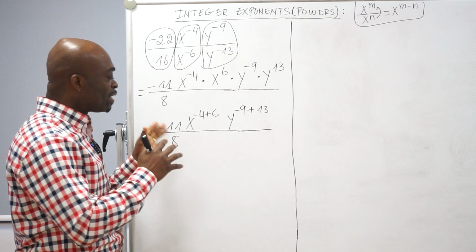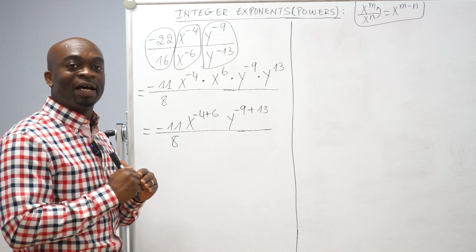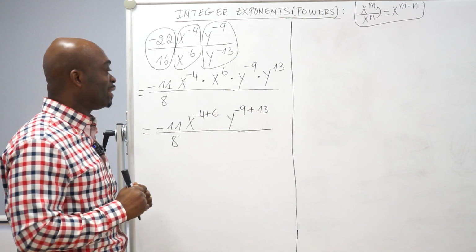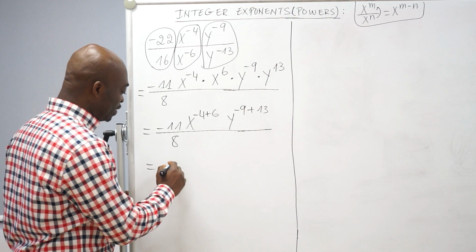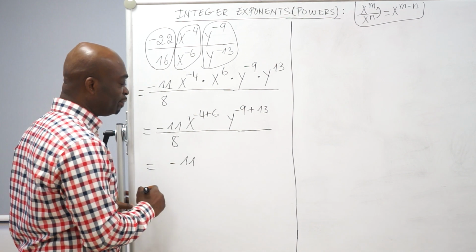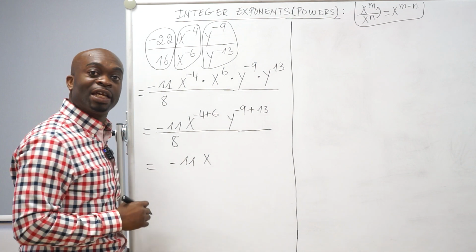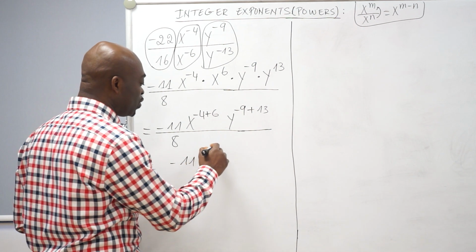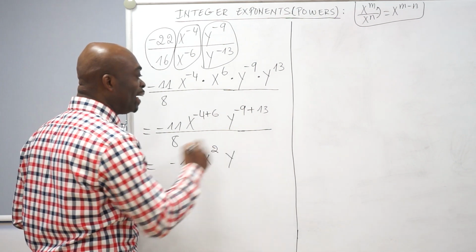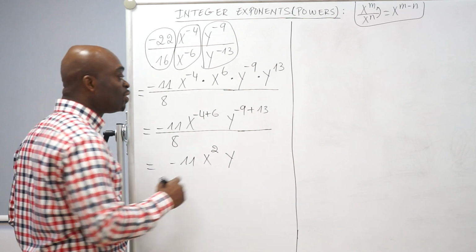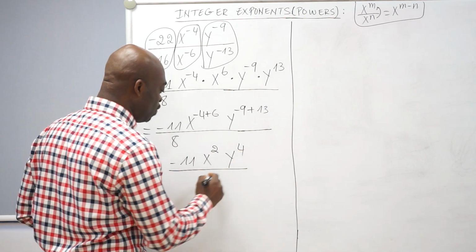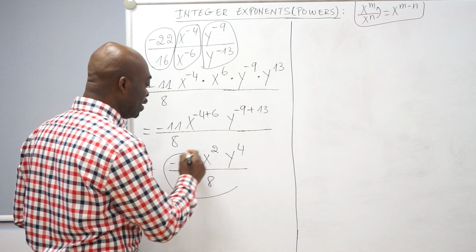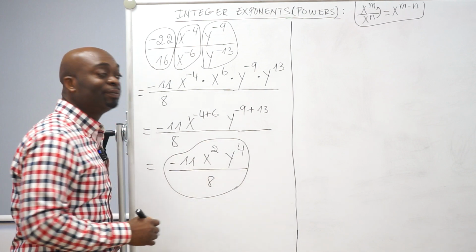Once there is no sign in between, that means multiplication. So let's keep going. What are we going to get here? It's going to be negative 11, all right? So x, negative 4 plus 6 is positive 2. And for y, negative 9 plus 13 is going to give us positive 4. Okay? And then this is over 8, and we are done with this problem.